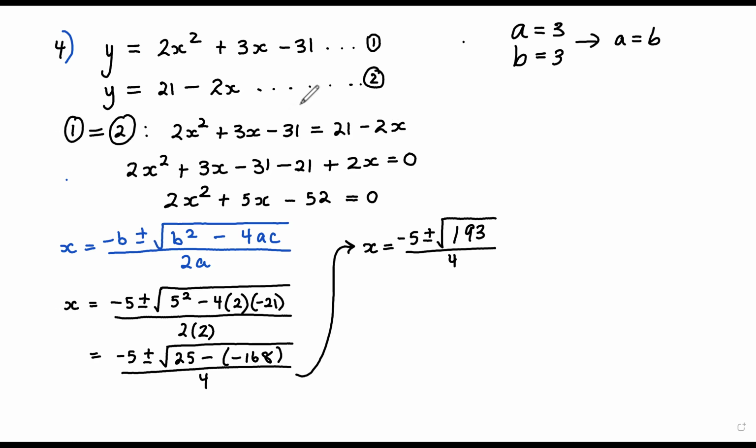So then when you move that to the other side, it'll become 2x squared plus 3x minus 2x. Oh no, plus 2x, because this is minus on this side. So it'll be plus 2x minus 31 minus 21. So that's correct.